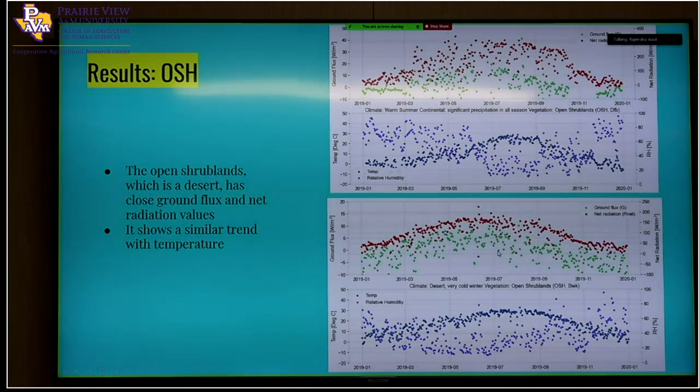In the open scrub regions, some of which are the desert regions, where the other one was the Utah very cold winters, you can see a similar trend with similar temperature trends. But at the same time we can see that the ground flux values as well as the radiated heat values are closely tracking, which is probably a function of the crop cover that's present in such a low density shrubbery area.